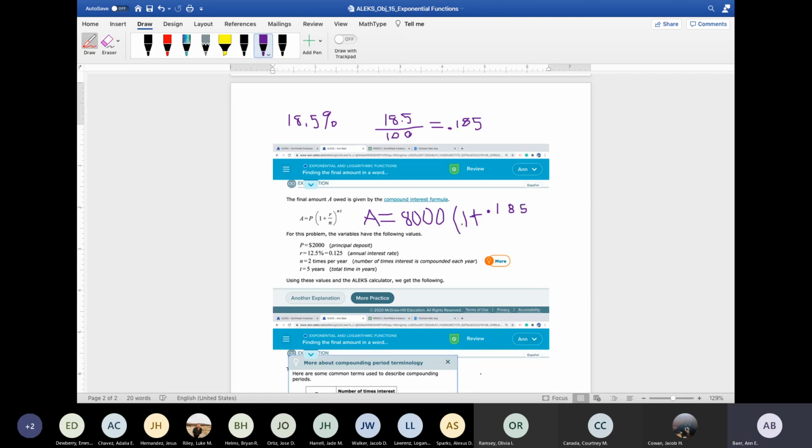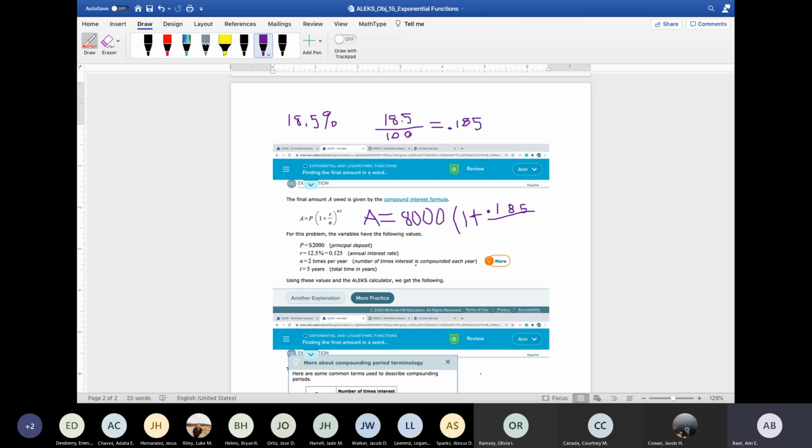It went in for R in the formula over here. Divided by N. Now this N occurs here and it occurs up in the exponent. It occurs twice.